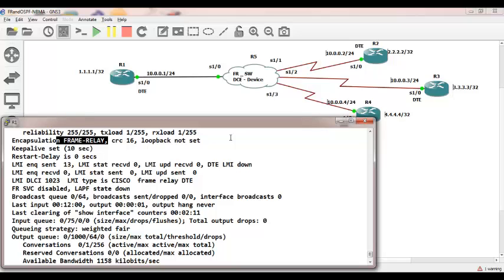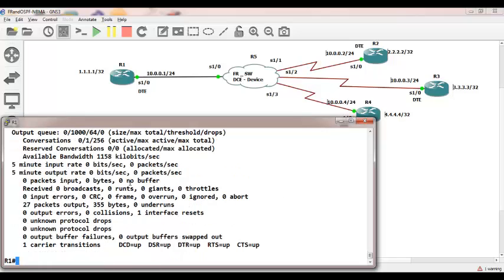When you have frame relay, instead of MAC address, it will use DLC numbers, data link connection identifier numbers, and then the LMI type, local management interface. LMI type is of 3 types: Cisco, Q933A, and ANSI.